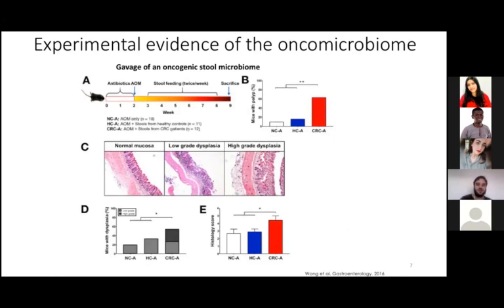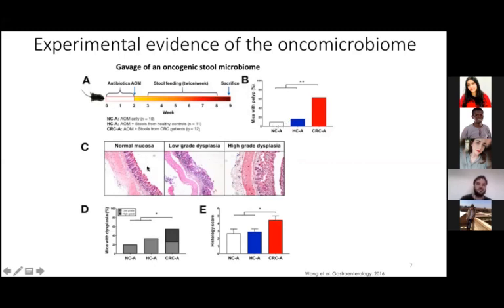And then they sacrificed the animals and looked at different characteristics of these mice. What they noticed was that mice that were gavaged with stool samples coming from colorectal cancer patients had a higher percentage of polyps compared to those coming from control individuals, as well as those that received no stool samples at all.